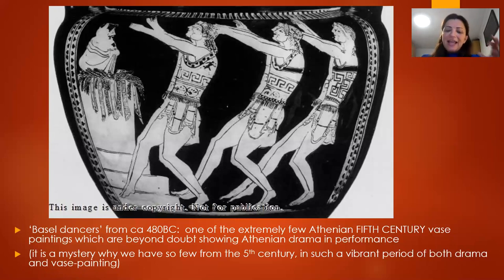Can you imagine that in the 5th century, the golden period of Greek drama performance, as if the 4th century wasn't also, and a vibrant period for artistic production of vase paintings, the two didn't meet as often as we expect, and suddenly we have this explosion in the 4th century? Some scholars have given explanations why this might be, but we're still not sure why.